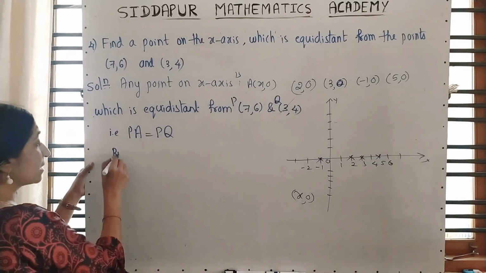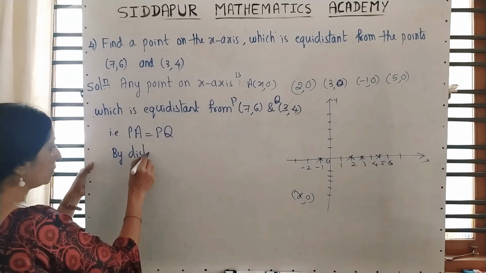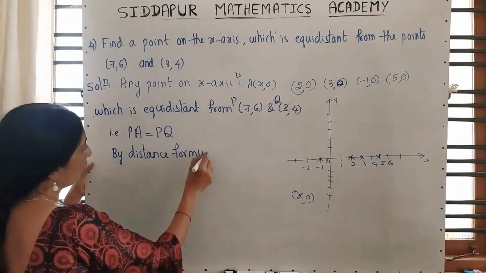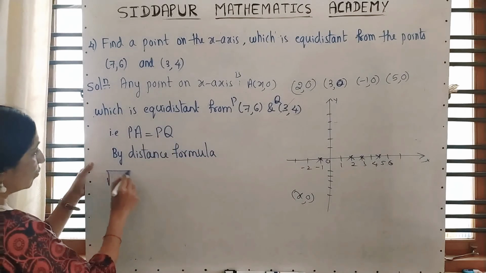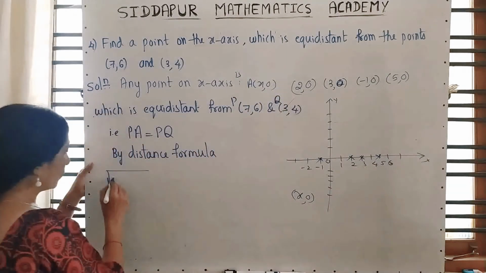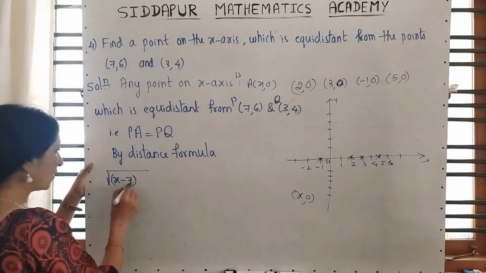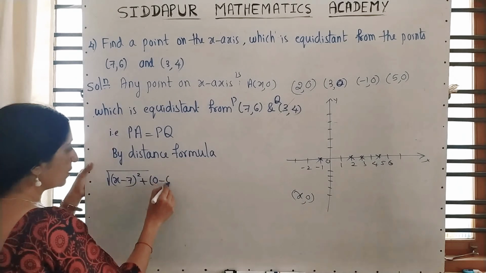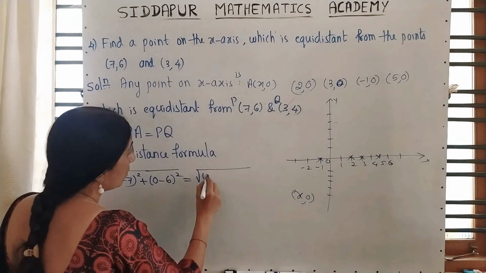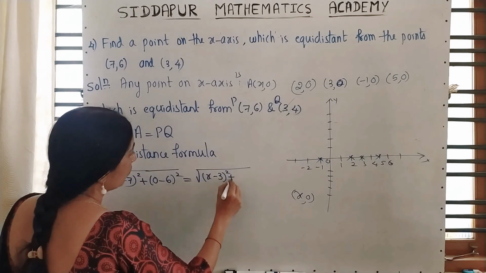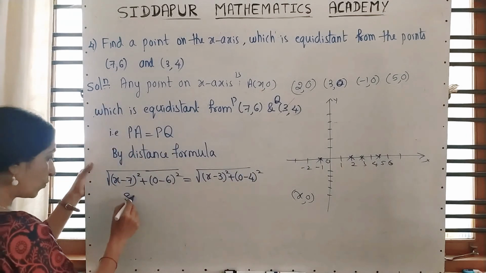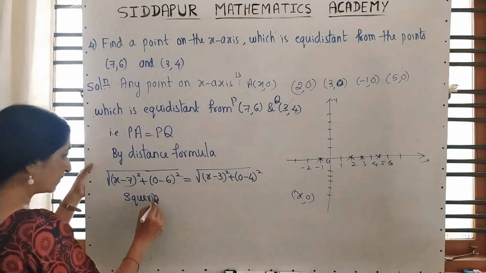By distance formula, root of, take this as x1, y1, this is x2, y2. (x minus 7) whole square plus (0 minus 6) whole square is equal to (x minus 3) whole square plus (0 minus 4) whole square. Squaring on both the sides.